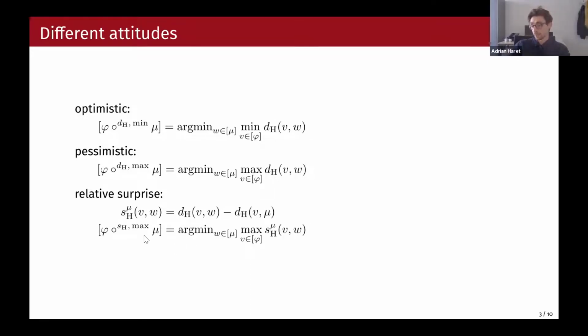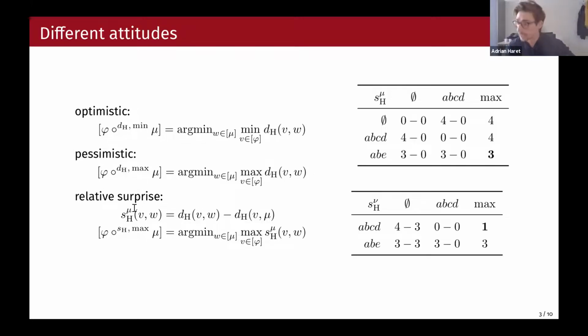And then the corresponding revision operator is one that chooses the models of mu that minimize this maximum relative surprise operation. So we can see this on the particular example that we started with, right? We have the same prior and new information, except that in this case, we normalize the distances on every column separately.